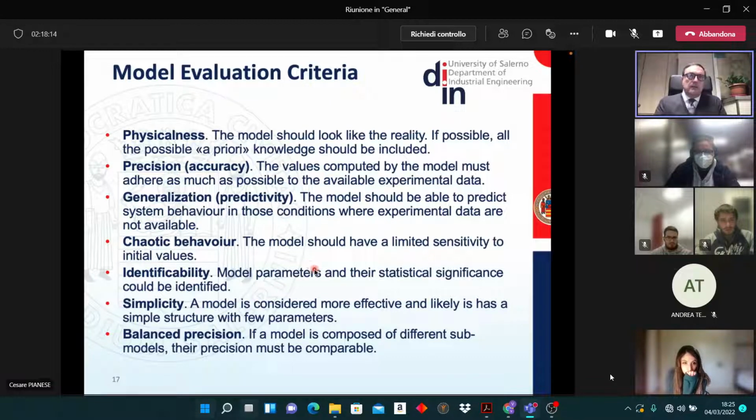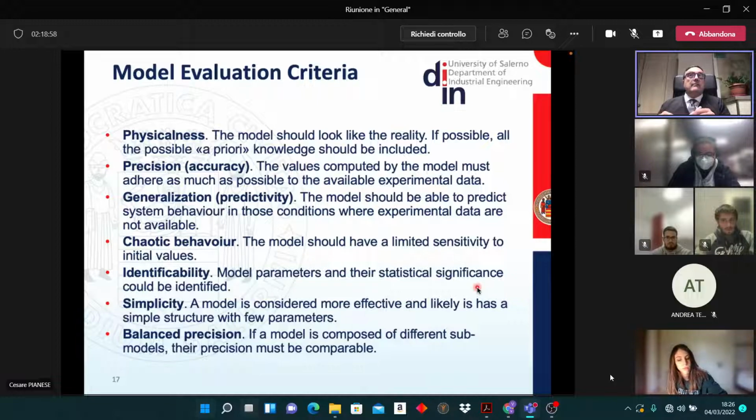For example, the model parameters and the statistical significance, which I have just introduced with a bit of statistics, but there are other problems. The model should be simple, because if you put in a complex structure that is not needed, and then you assume more parameters, you are going towards the so-called problem of over-parameterization.